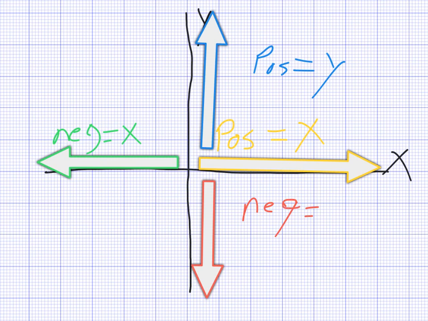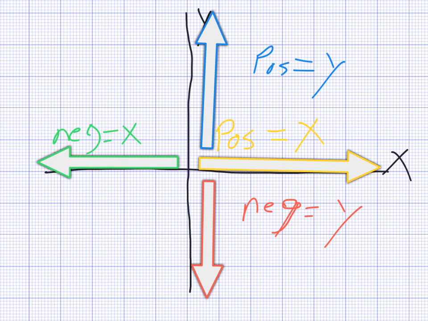Negative in the y direction. And that's where the convention comes from, that up and to the right are positive, down and to the left are negative. We just apply this graph scenario to real life, okay?